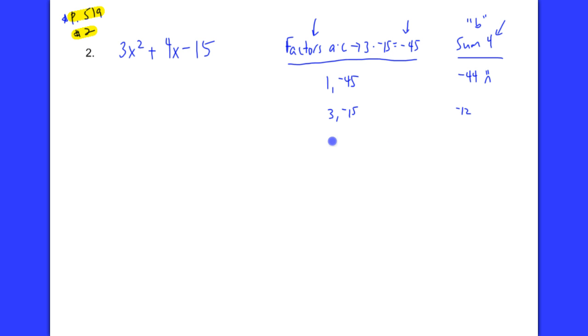If I try 5 times negative 9, that multiplies to negative 45, and that adds to negative 4, which is close, but that's not it. I want the opposite. So if you happen to get the number you're looking for, but it's the opposite sign, then you just switch the signs.